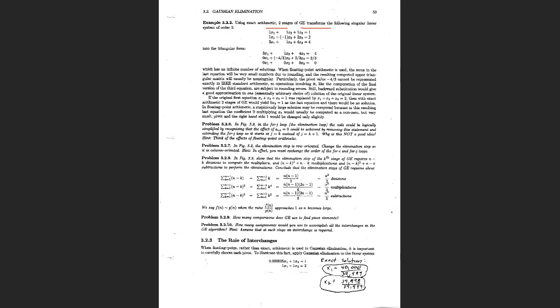Now I can tell you that the exact solution to this little system of equations is x1 equals 40,000 divided by 39,999, and x2 equals 39,998 divided by 39,999.